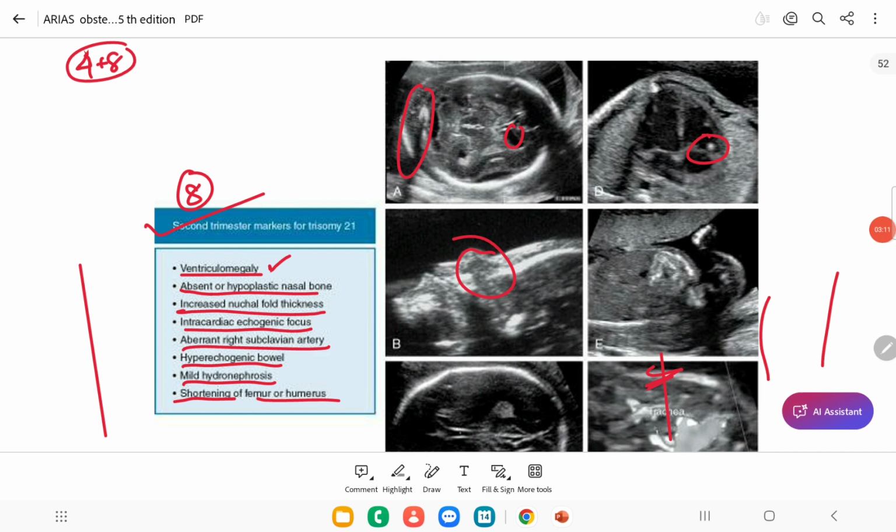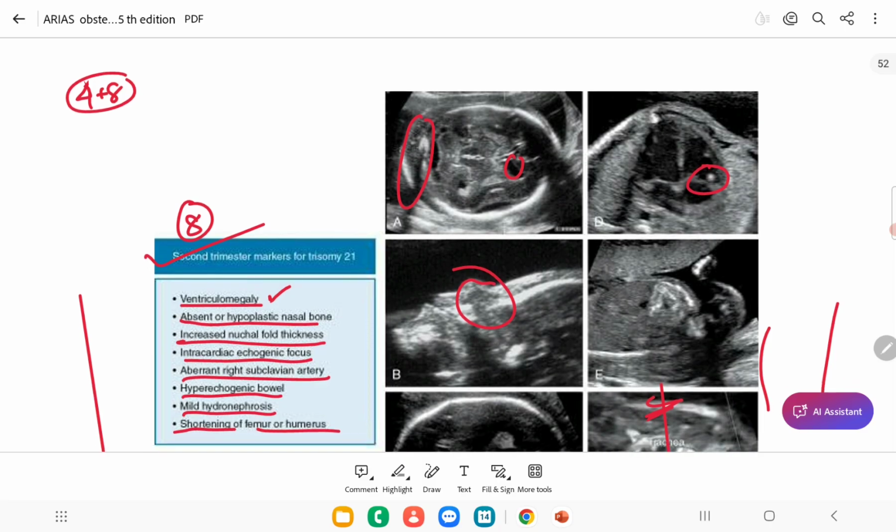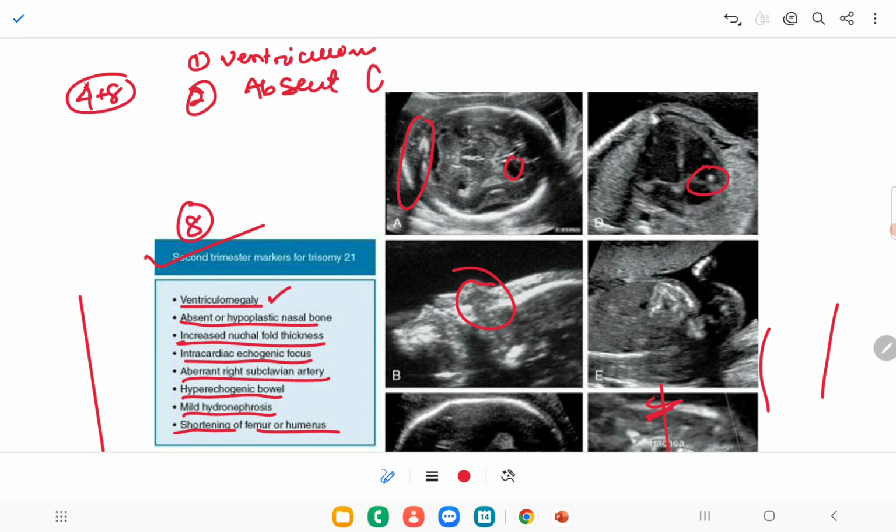The next case is trisomy 21 in the second trimester. The second trimester soft markers: first is ventriculomegaly, and second is absent or hypoplastic nasal bone. The third is increased nuchal fold thickness.